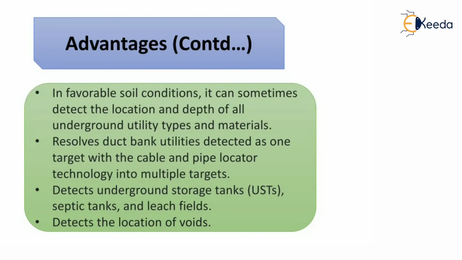It resolves duct bank utilities, which are detected as one target with the cable and pipe locator. It also detects underground storage tanks, septic tanks, and leach fields. It detects the location of voids. So, this is the use of GPR, and it is specially used for the location of underground utilities.